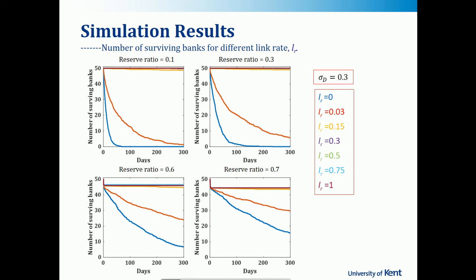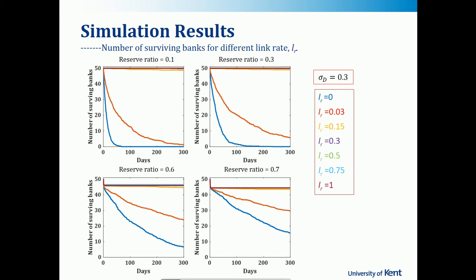The next figure shows the effect of the link rate on the number of surviving banks when the reserve ratio is fixed. Different colored lines now represent the different link rates. More banks survive as the link rate increases.